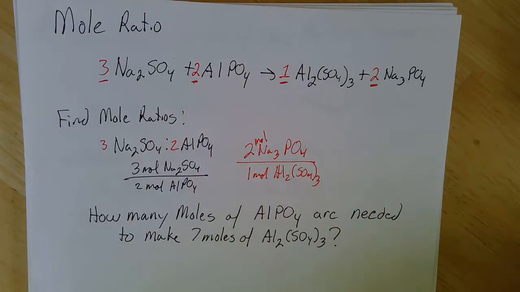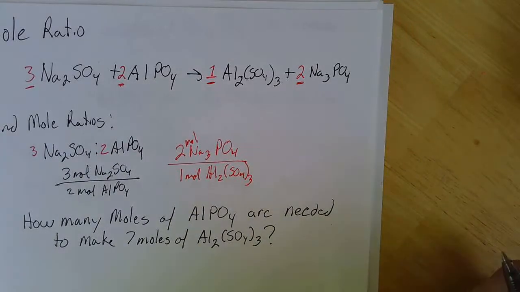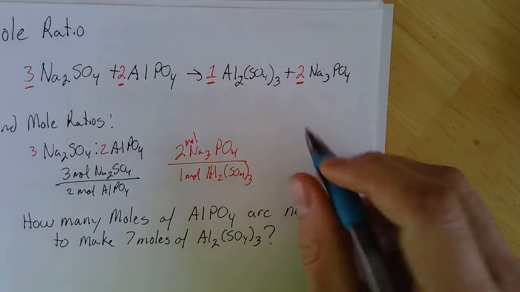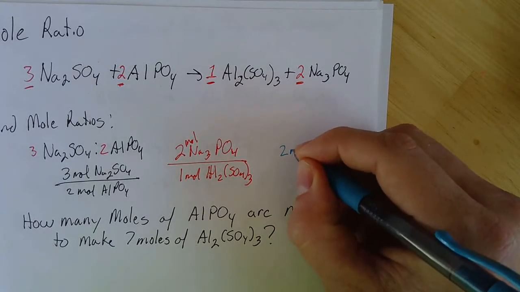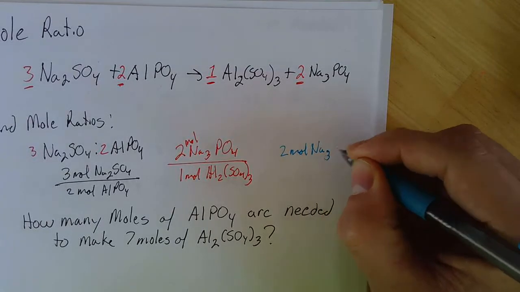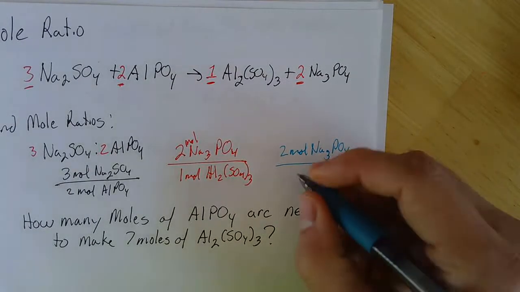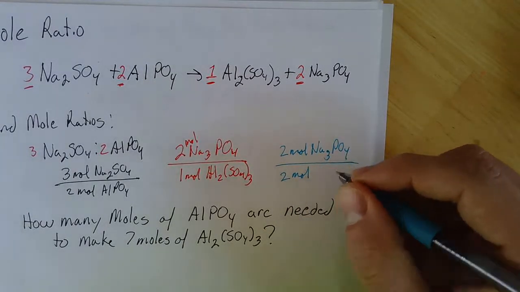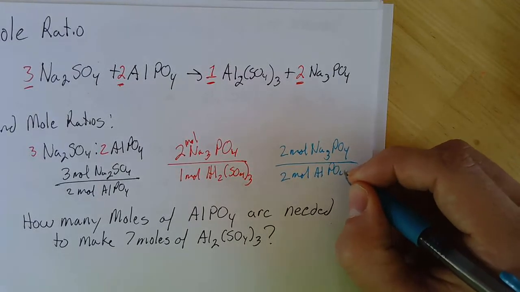We could write a third one, and there's more. I'm just going to stop at 3, but we could write another one where we're kind of combining the two. So maybe I have 2 moles of Na3PO4, and I'm going to compare that to the 2 moles of AlPO4.